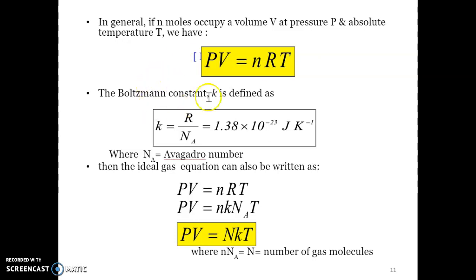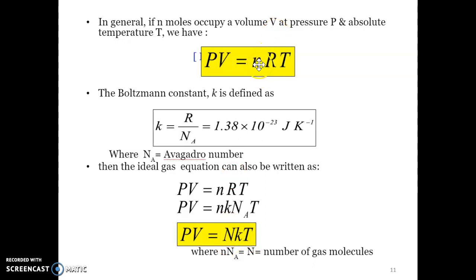So we have PV equal to nRT, but you have to know that this equation can also be expressed in another form. Instead of having nR, we can also write this equation as PV equal to NkT.